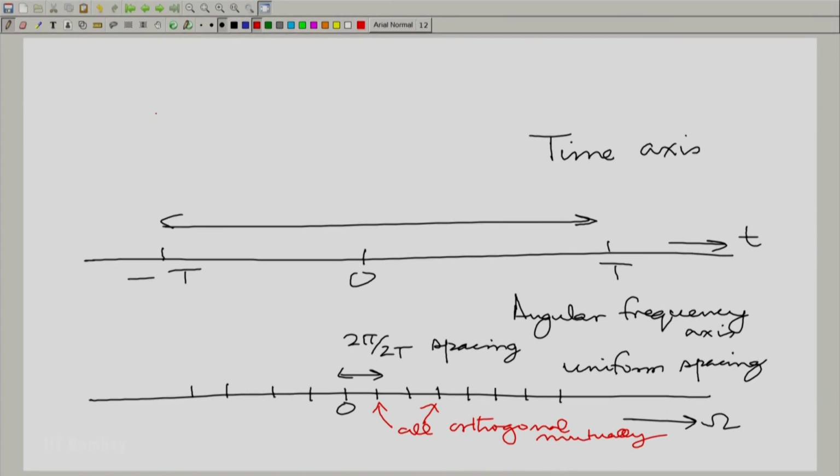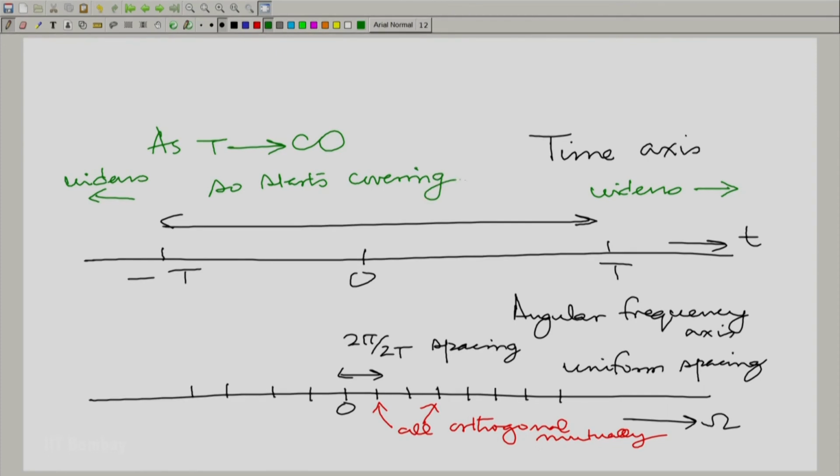Now, what happens as T grows to infinity? As T grows to infinity, this widens this way and this way, so it starts covering the whole real axis, covering all time, and the spacing goes smaller and smaller.